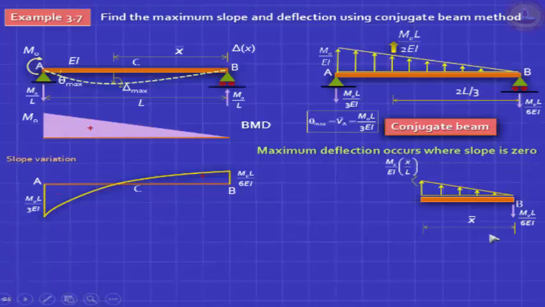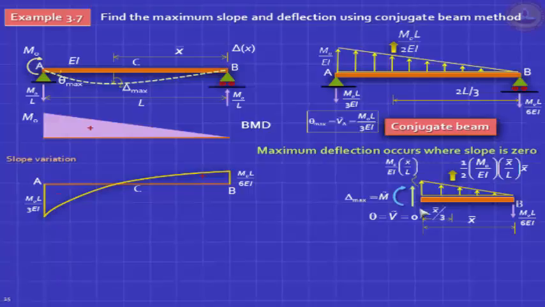We don't know how much X bar is, but for sure X bar will be such that this load that you get on your conjugate beam must be balanced by the reaction at that support B, M naught L by 6 EI. So very easy, the area of this triangle must be equal to this. Finished. So easy.